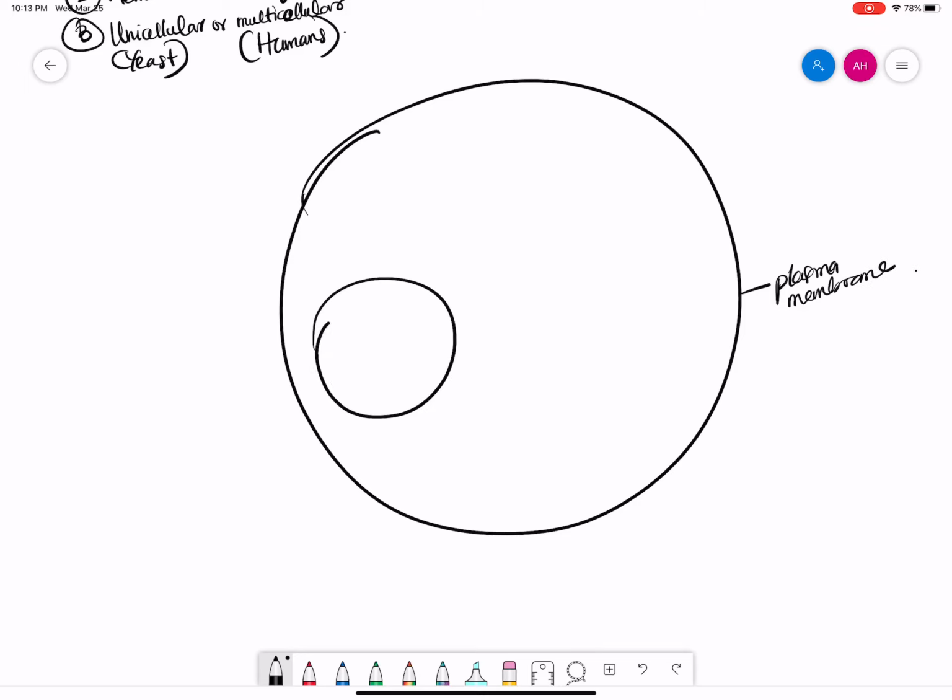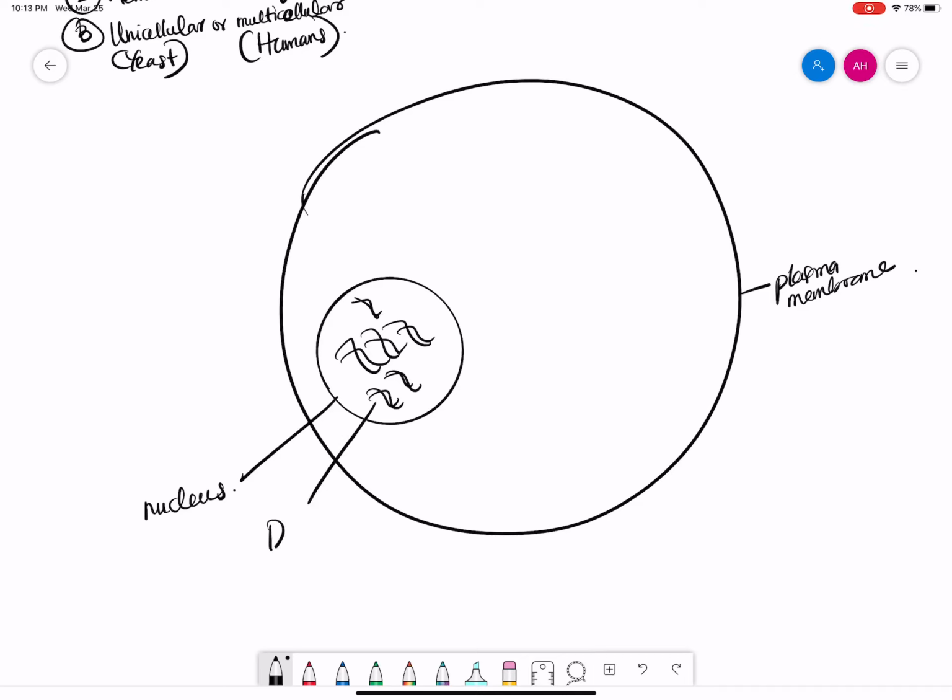They have a nucleus, which prokaryotes don't have. The function of the nucleus is to store DNA. DNA is a genetic material important in transferring information from parents to offspring and also directing what kind of proteins are made by that cell.